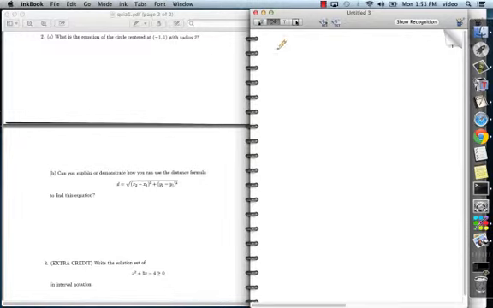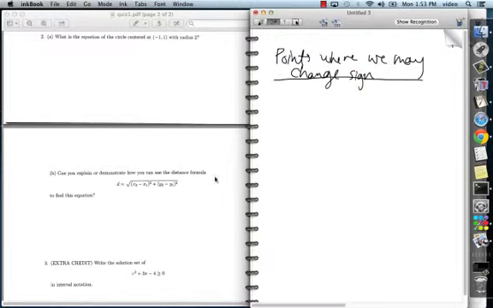So we need to find points where we may change sign. Remember, these are places where either we get 0, so x^2 + 3x - 4 = 0, or we get that it is undefined.